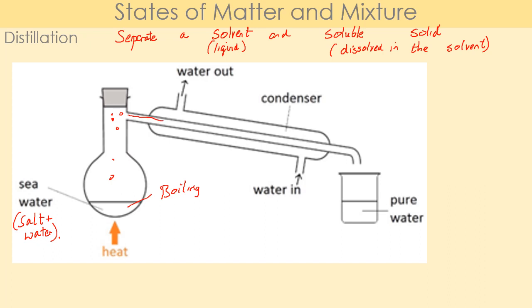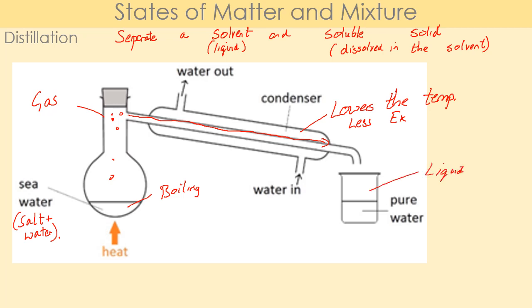And as they come through here, we have something called a condenser. This lowers the temperature. Therefore, we have less kinetic energy. So we turn back into a liquid.